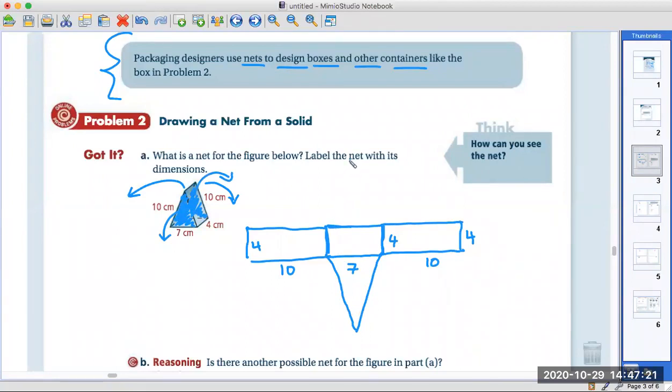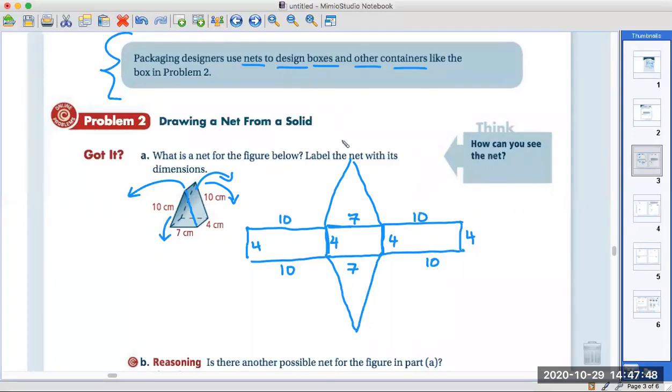I don't know how long this tilted side is. There's no indication how long this side is. They don't have any number there, so we don't need it. But this is 7, this is 4, this is 4, this is 10, this is 10. And that would be the net.